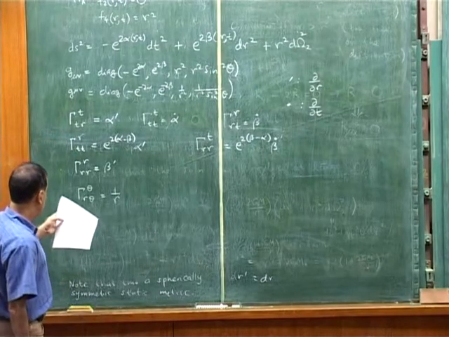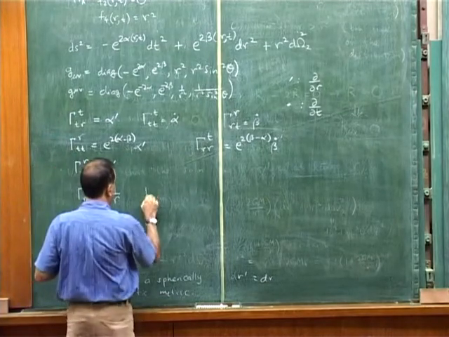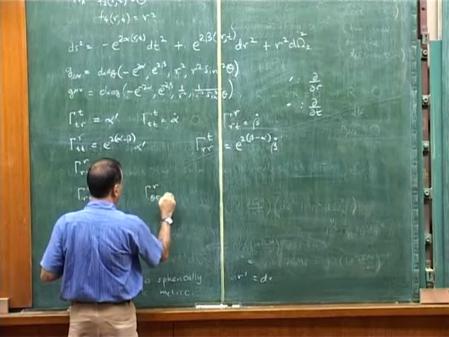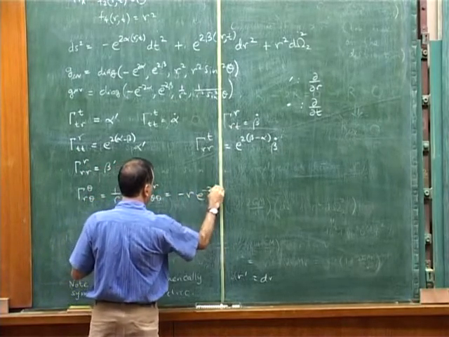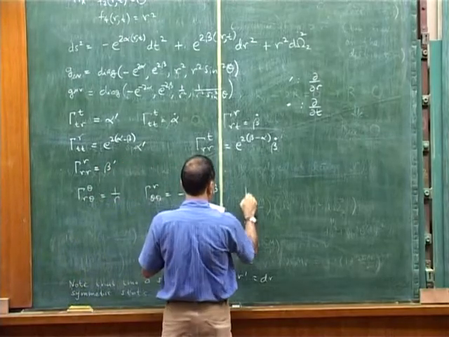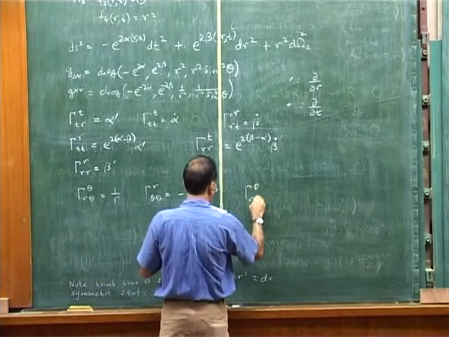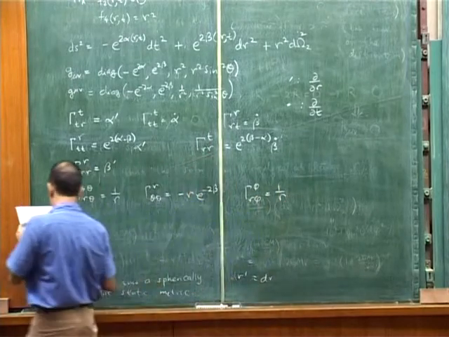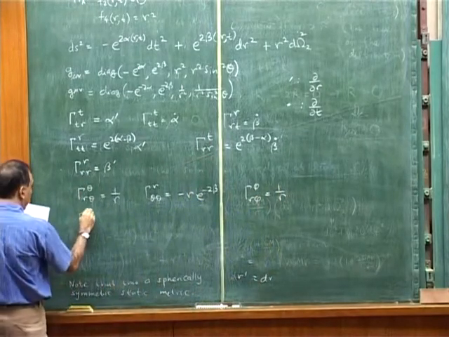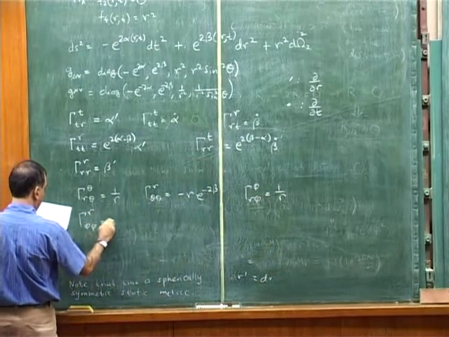Okay. So that's this. Then there's gamma r theta theta. This one is minus r e to the minus 2 beta. Then there's gamma phi r phi. This is again 1 by r. Gamma r phi phi.